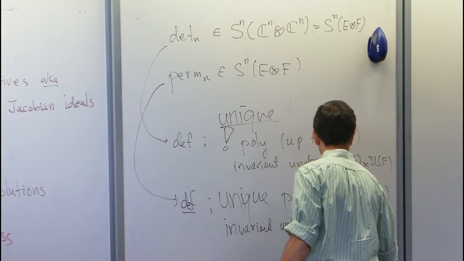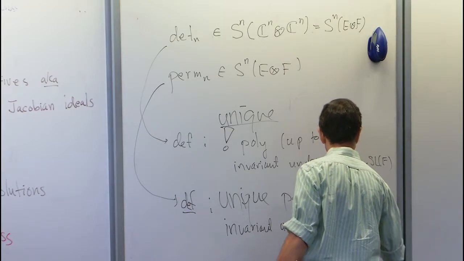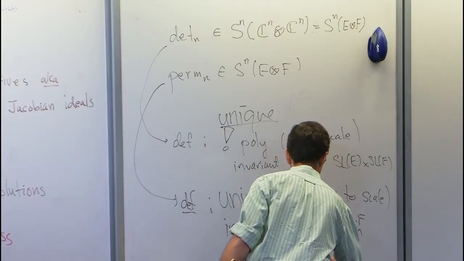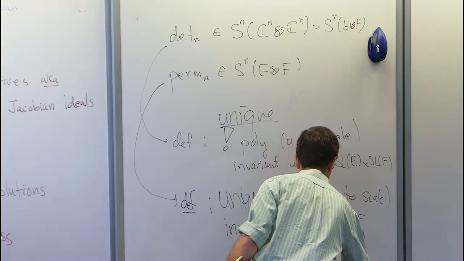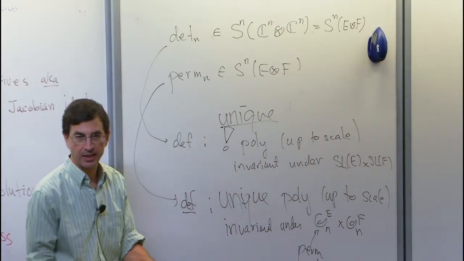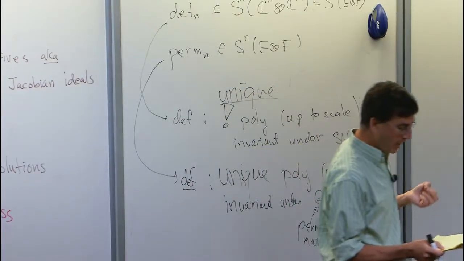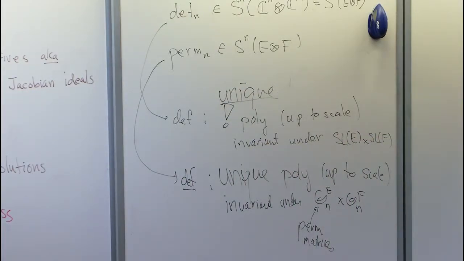I'll write it like this: permutation matrices acting on the left, and permutation matrices acting on the right. And it's the only polynomial. It is characterized by its symmetries. So in representation theory, we can agree that these are magnificent polynomials. Questions?